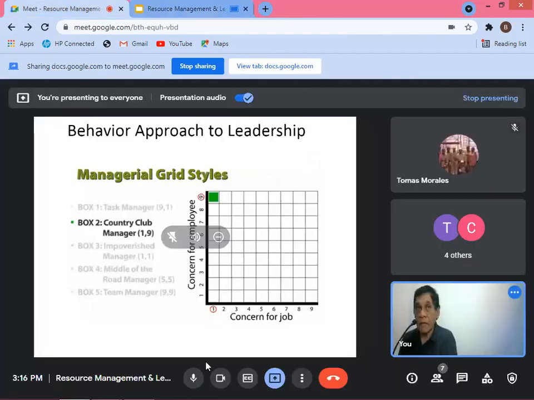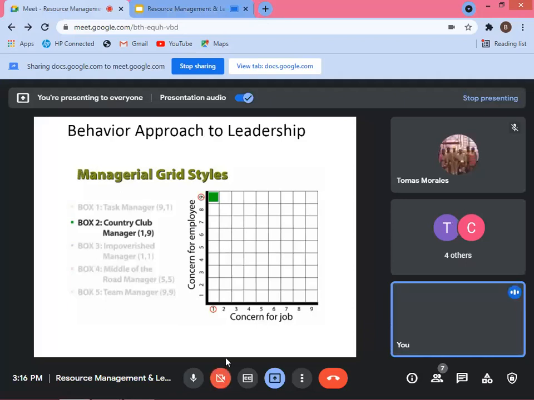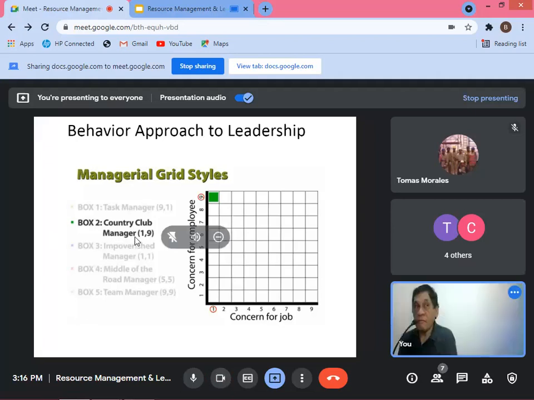Okay. The second one, box 2, is the country club manager. What is a country club manager? This is 1,9. The X-axis is 1, low concern for the job, and high concern for the employee, 9.